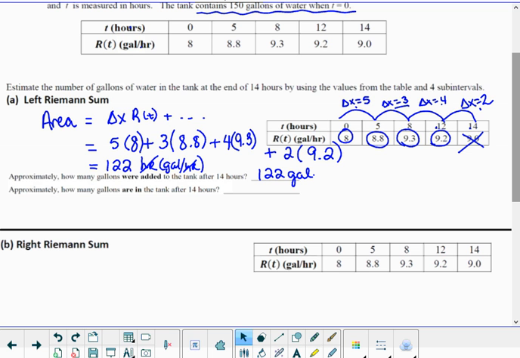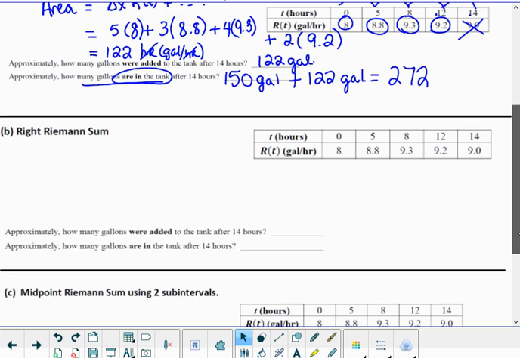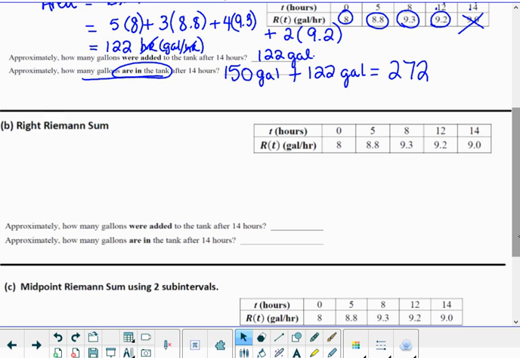Now, had the question asked how many gallons are in the tank after 14 hours, I need to consider that there already was 150 gallons in the initial tank at time 0, and we have now put in an extra 122 gallons, giving us a grand total of 272.